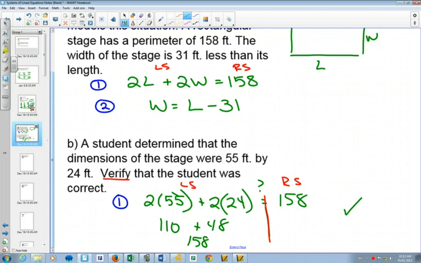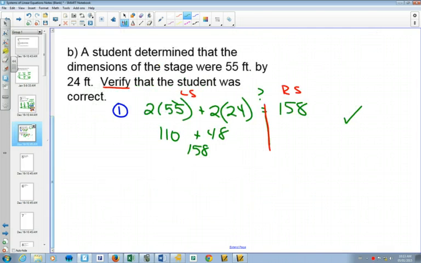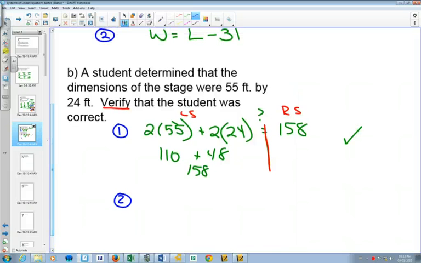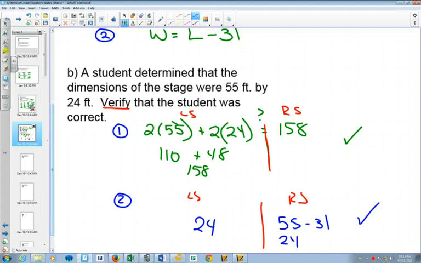Does the second equation work? Our second equation says, split it up here, my left side of the equation would be just the width, which is 24. And the right side of my equation says the length minus 31, which would be 55 minus 31. 55 minus 31 is 24.